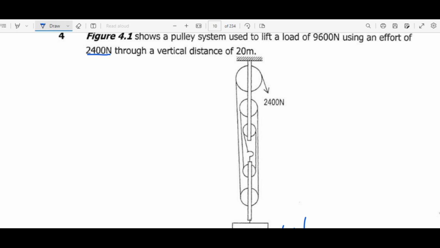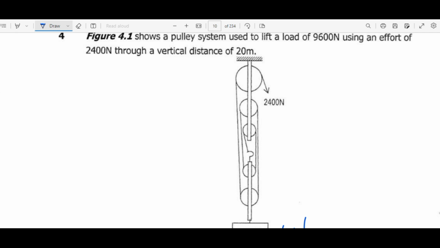If you are not using a machine, to lift an object with a load of 9,600 newtons, you need to apply a force greater than 9,600 newtons. Now, how is this pulley system considered to be a machine? It is considered a machine because instead of applying a force of 9,600 newtons, you just apply a force of 2,400 newtons.